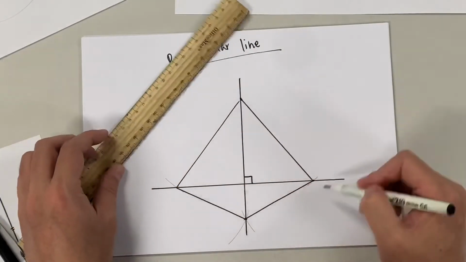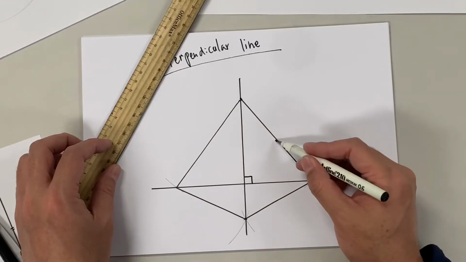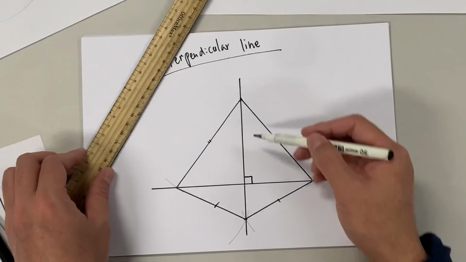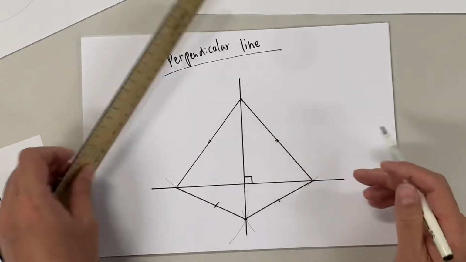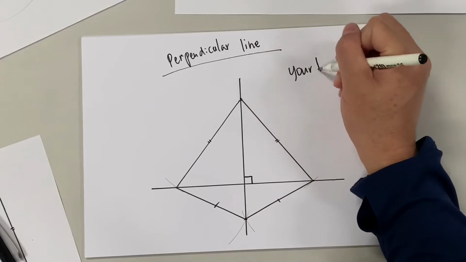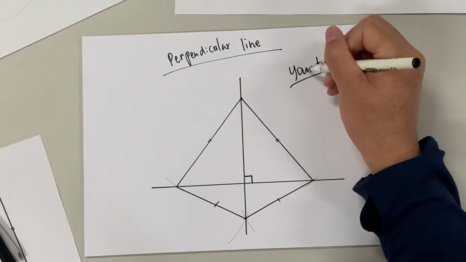So it's like a kite. These two lines are exactly the same, these two lines exactly the same. I can make a perpendicular line. So it's your turn. Give it a shot.